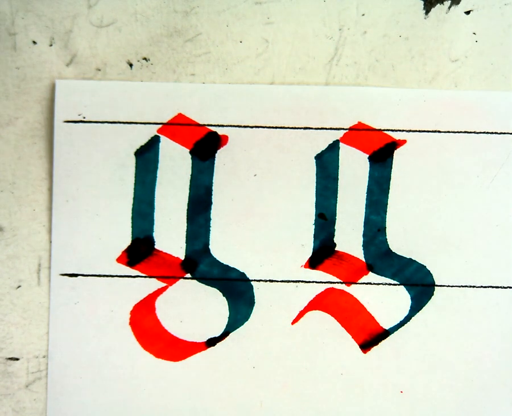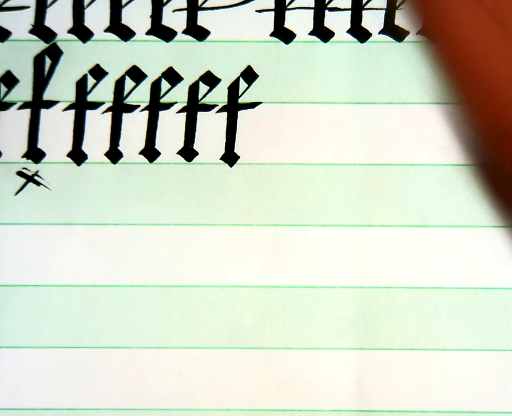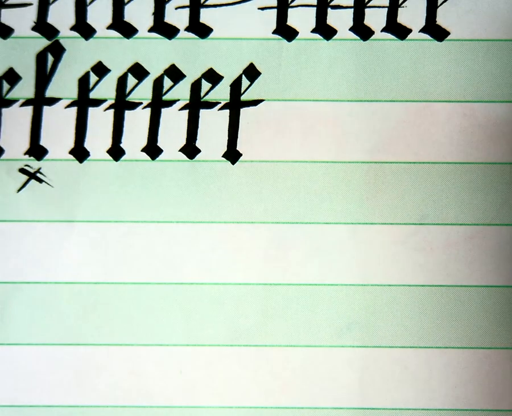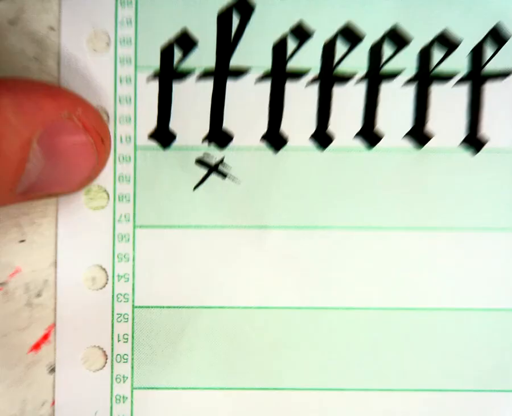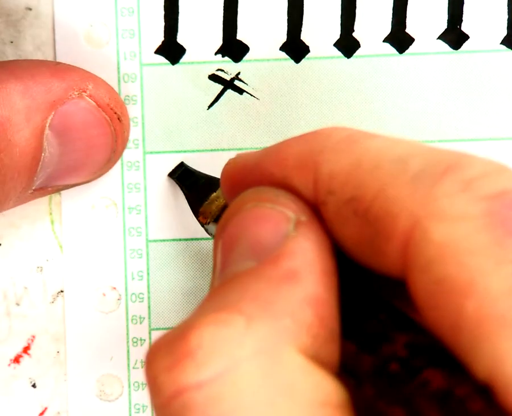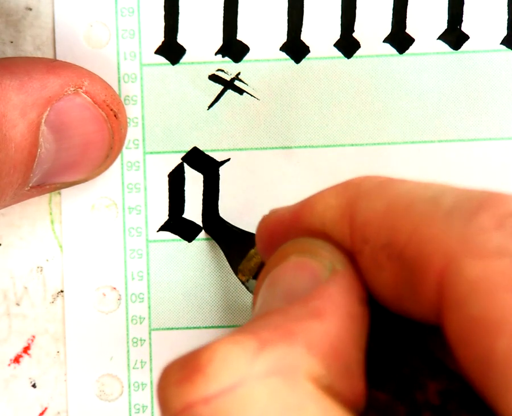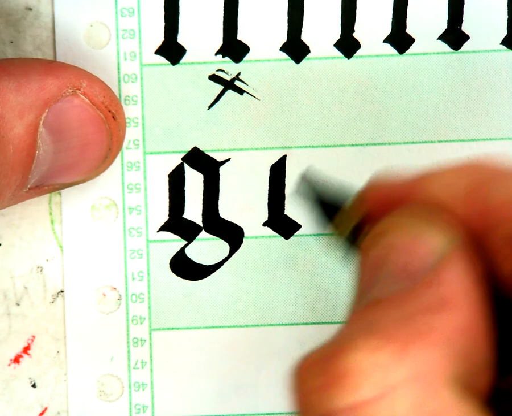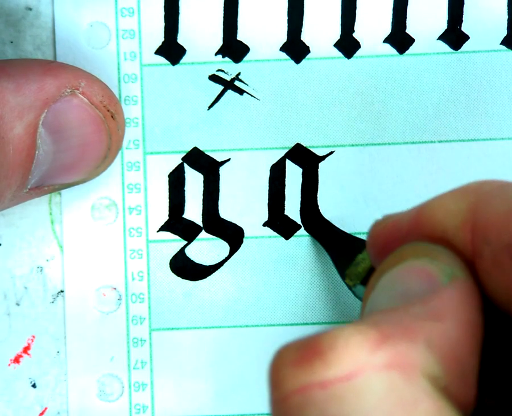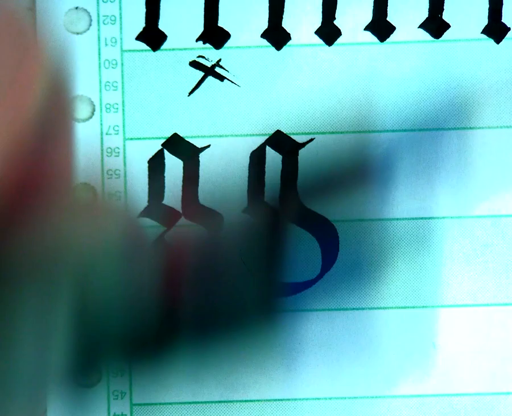There you go. No, that's almost perfect. Here's what you need to do to make it perfect, Matt. This is what you need to do. Tell me the difference between my G and Kim's G. What's the difference?